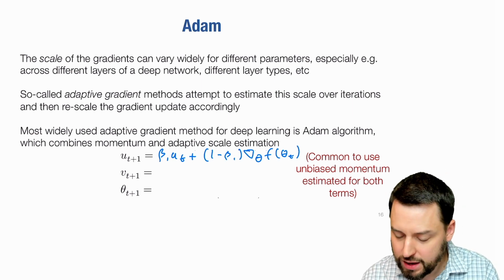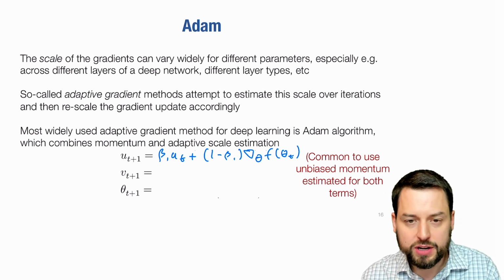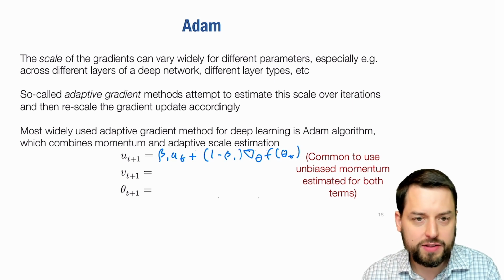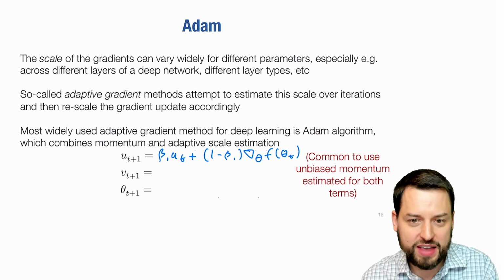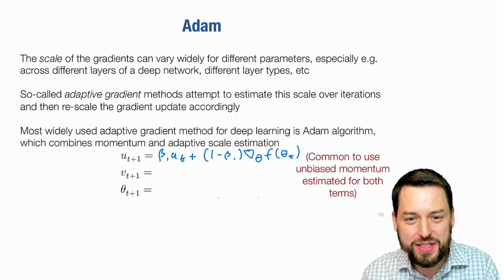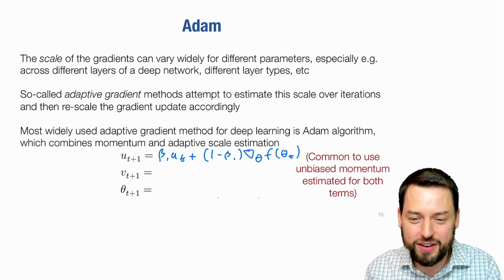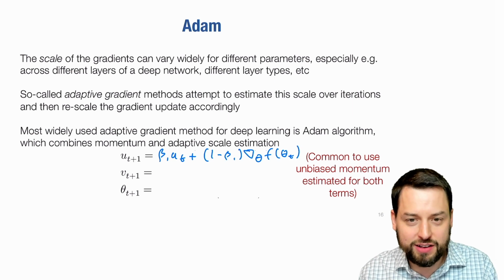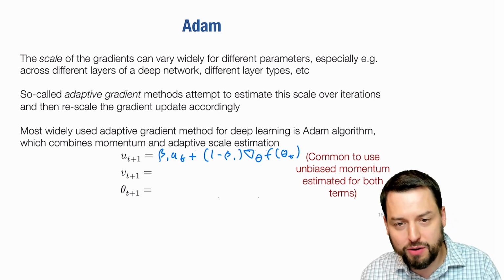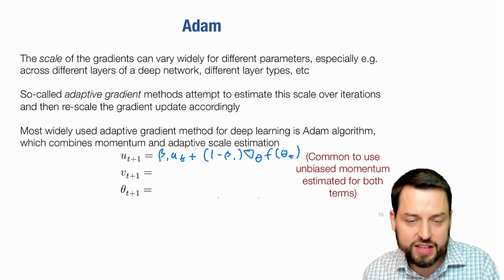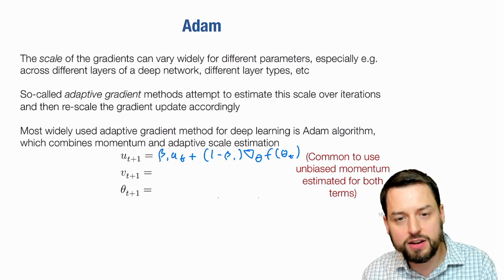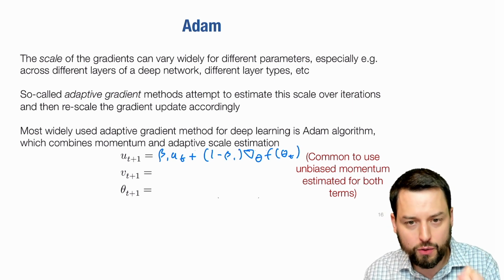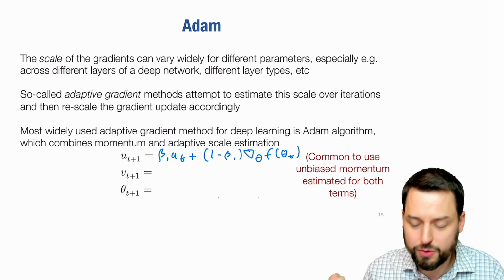What our second update will do is estimate, in some sense, the average magnitude of this gradient vector. It's going to do this element-wise, so it's not measuring its norm or anything. It's measuring the average magnitude of each individual element in our gradient vector or gradient tensor or whatever.